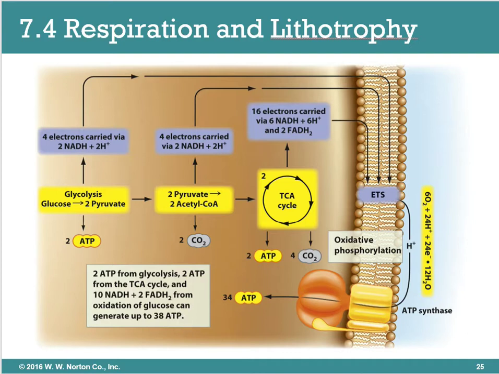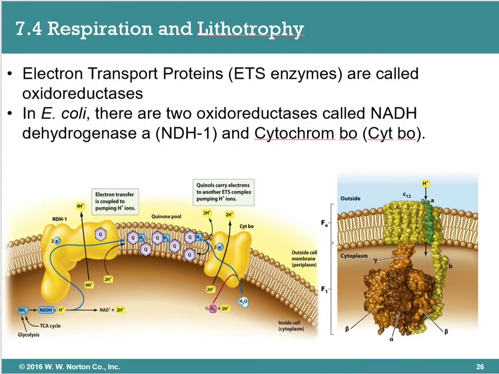So that's the big picture of roughly the 20 slides before. Now, specifically in the context of E. coli, it does something very similar, but with something a little different. Rather than having ATP synthase and everything, it uses different proteins, specifically two different kinds.